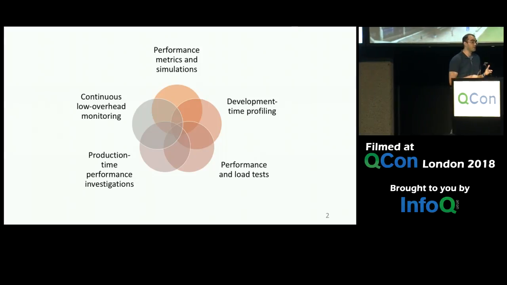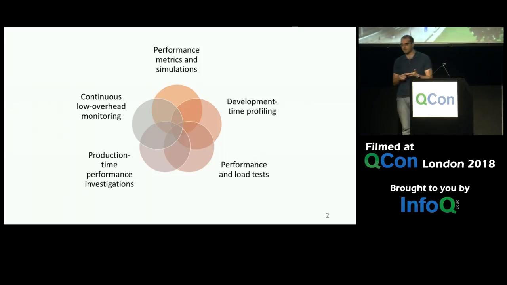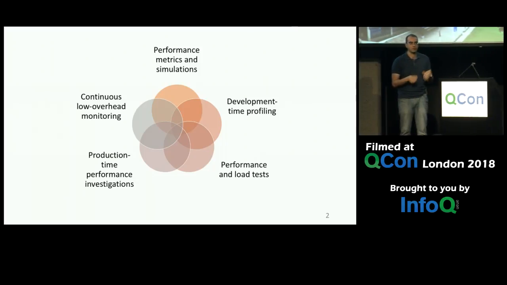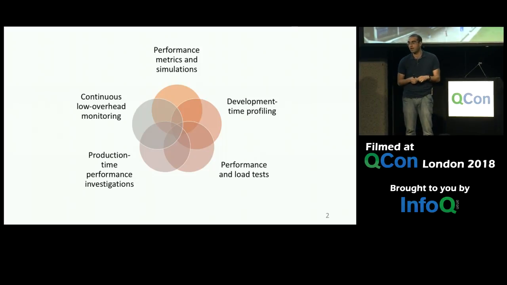Then we have production time performance investigations, which is sort of what I like doing. PerfView is very useful at this stage because it's very lightweight. It doesn't require any installations. You can just copy a single executable to any production system, and you can start profiling, monitoring the system, and doing the analysis as well if you'd like.